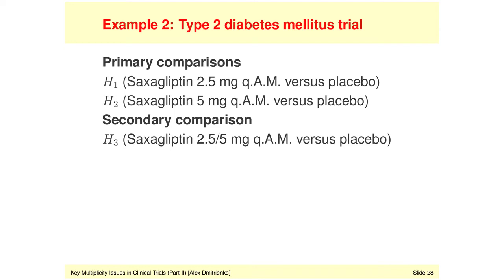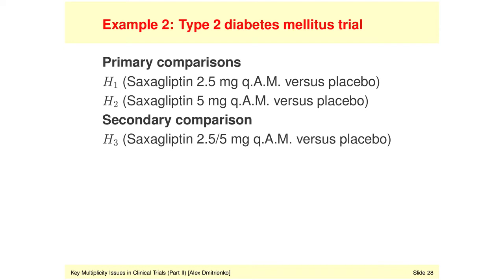In this case, as I explained in Module A, the 3 dose or regimen placebo comparisons considered in this clinical trial are grouped into families. The family of primary comparisons include the comparisons of the fixed doses of saxagliptin versus placebo.